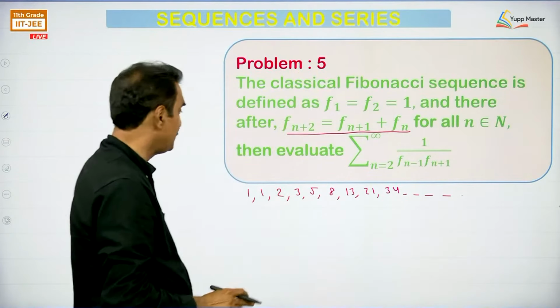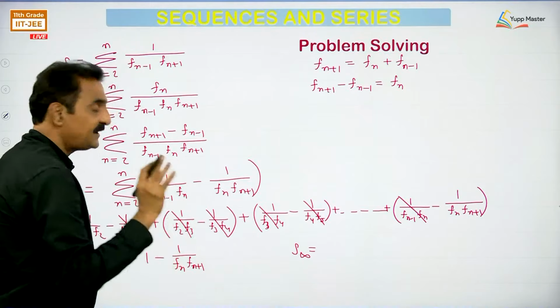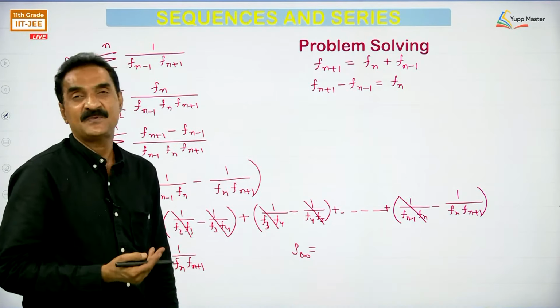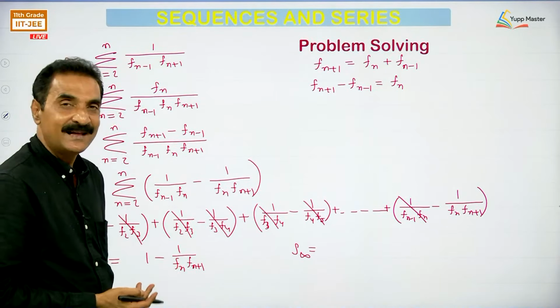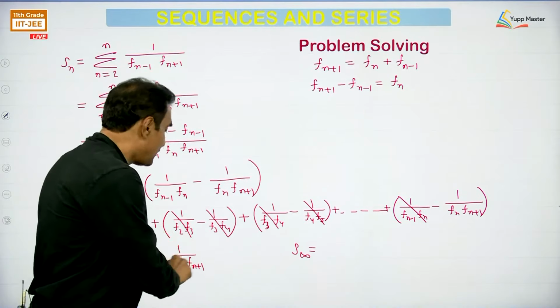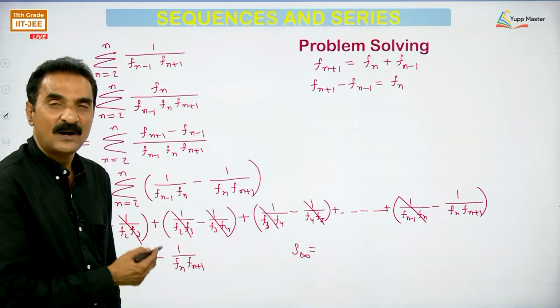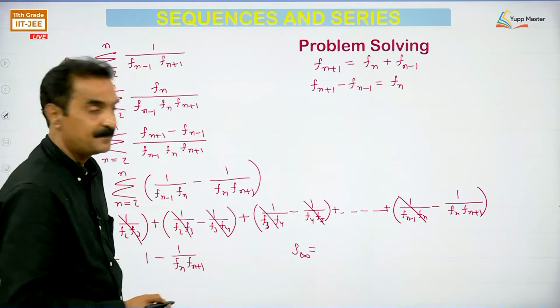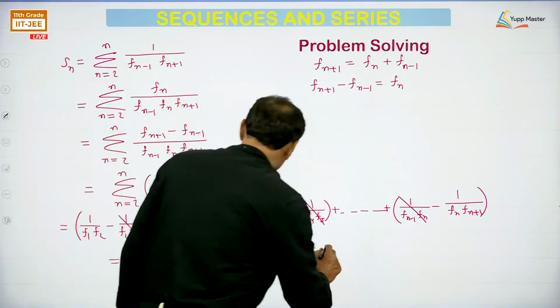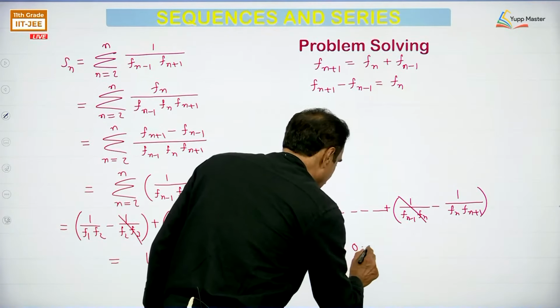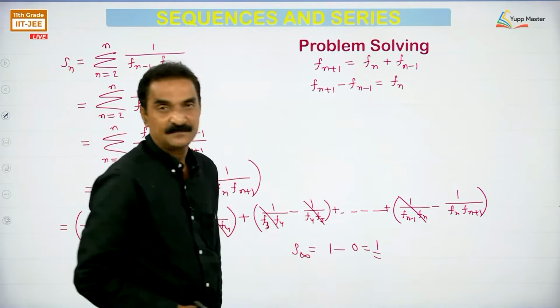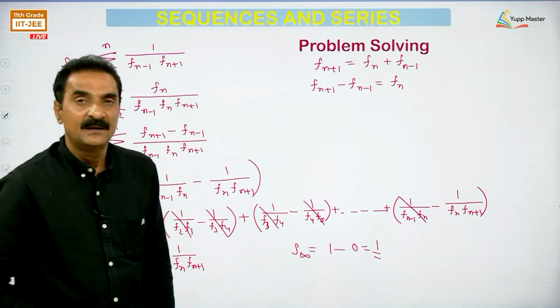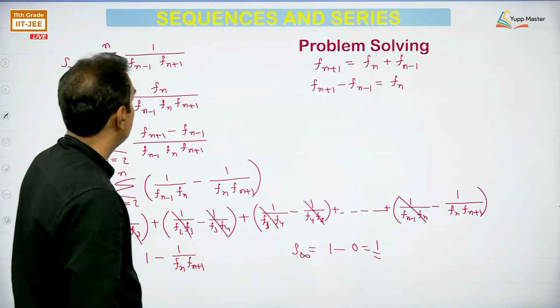If n tends to infinity, fn tends to infinity, fn plus 1 also tends to infinity. Then what is 1 by fn into fn plus 1? 1 by infinity into infinity, which tends to 0. So S infinity will be equal to 1 minus 0. Answer is 1. Now next question.